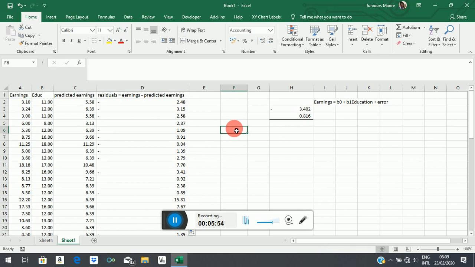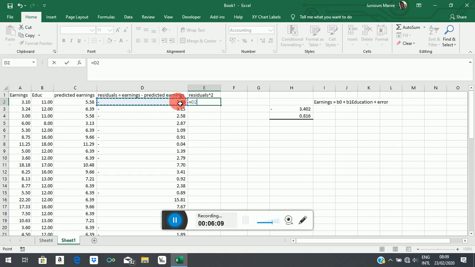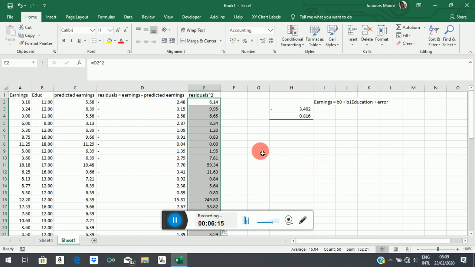Then we can square the residuals, which is this number here squared, and we do the same for all the values.